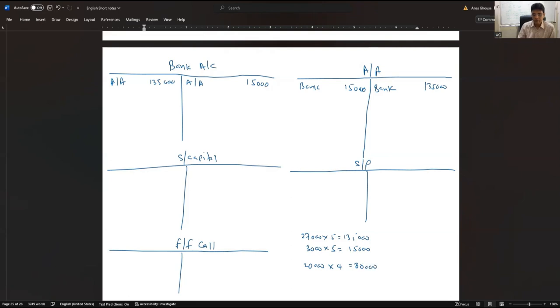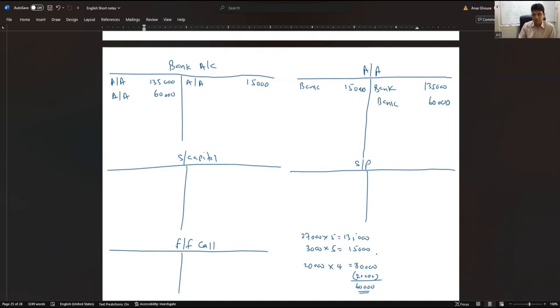Now, however, we have already received an excess cash of 20,000, so the amount now received is going to be 60,000. Okay, so 60,000, the bank account debit, application and allotment account credit.